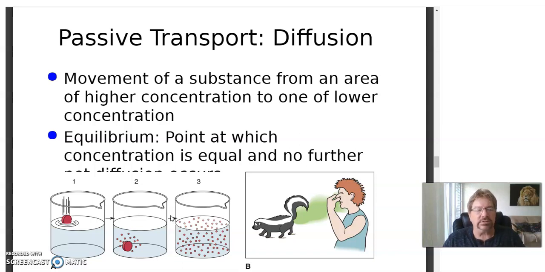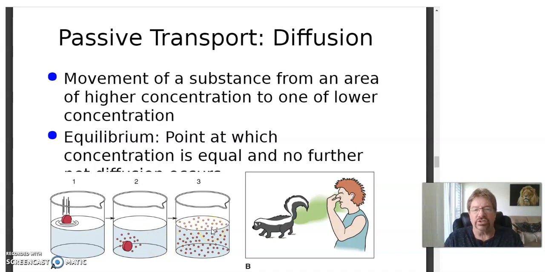Nature tends to try to reach a point of equilibrium, and passive diffusion is an example of that. If we dropped an Alka-Seltzer, I don't really know what this is, but a tablet, into a glass of water, in a short time, it will eventually dissolve and it will reach a state of equilibrium within that water. Why? Because that's just what nature does.